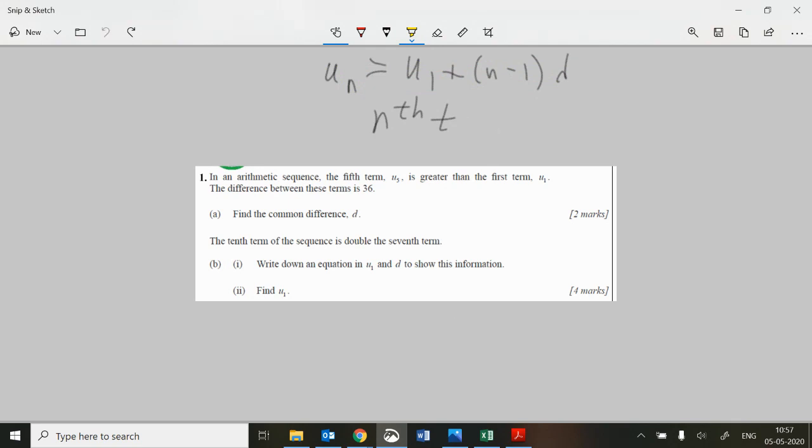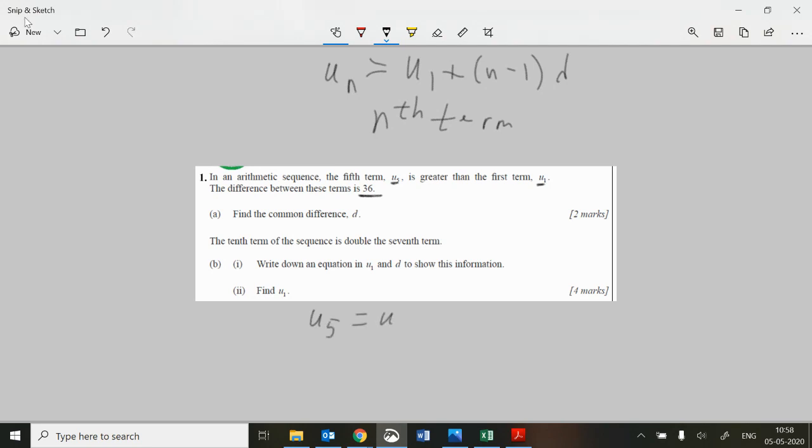Okay, so for the first question, find the common difference, where it says the difference between these terms is 36. U1 and U5, they're talking about having a difference of 36. So we can use the formula twice. Let's set it up with U5.